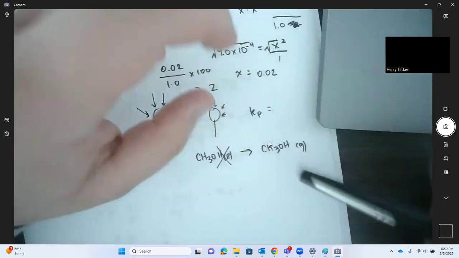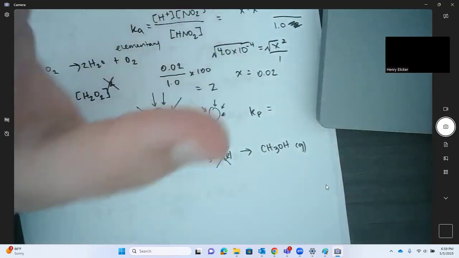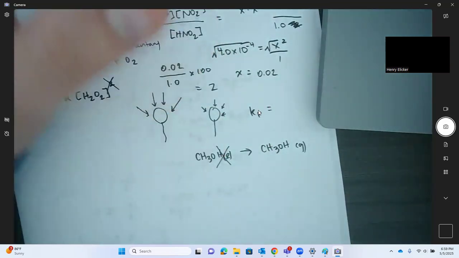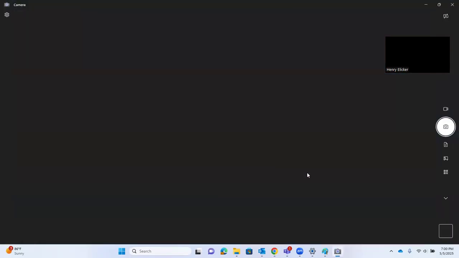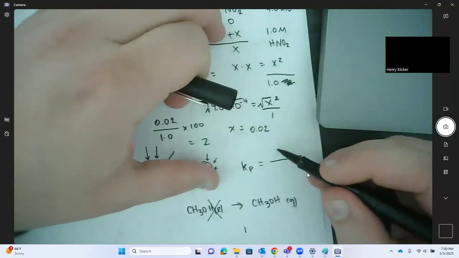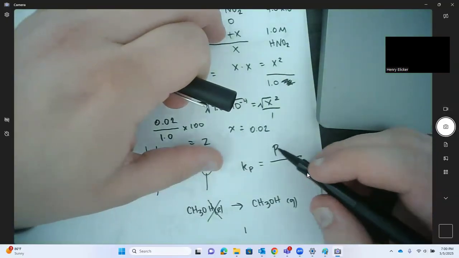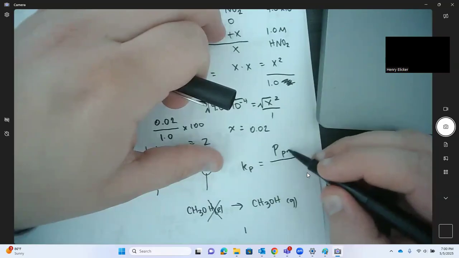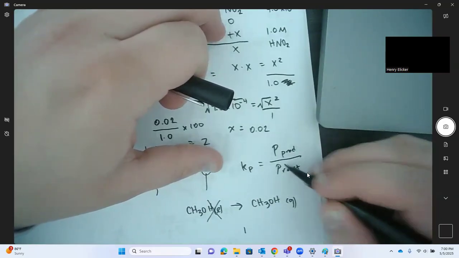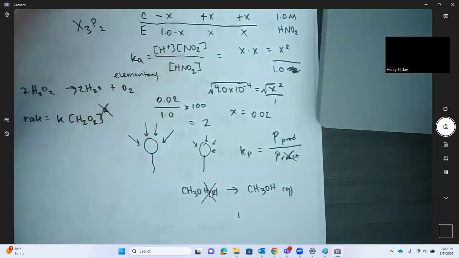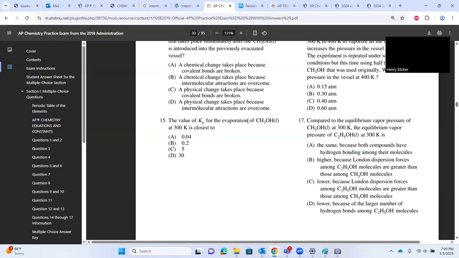Therefore only the gas directly matters, because Kp is the ratio of the products' pressure to the reactants'. But there are no reactants here because that's a liquid, so we cancel that. It's just the products, so the product directly determines the Kp.